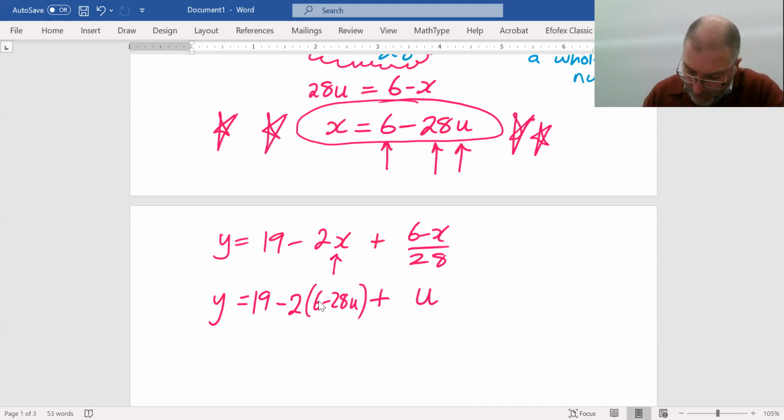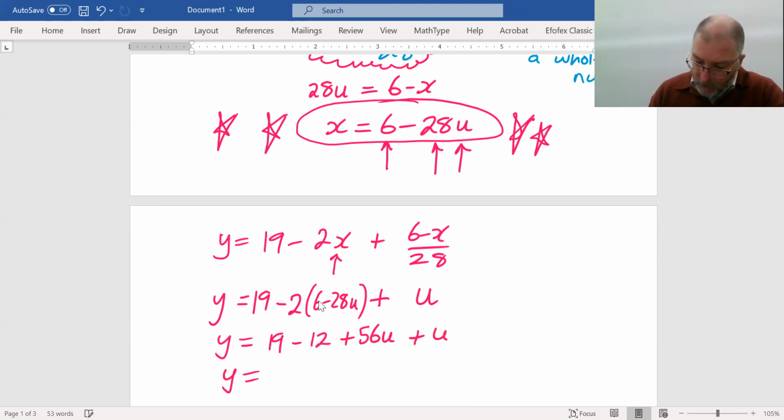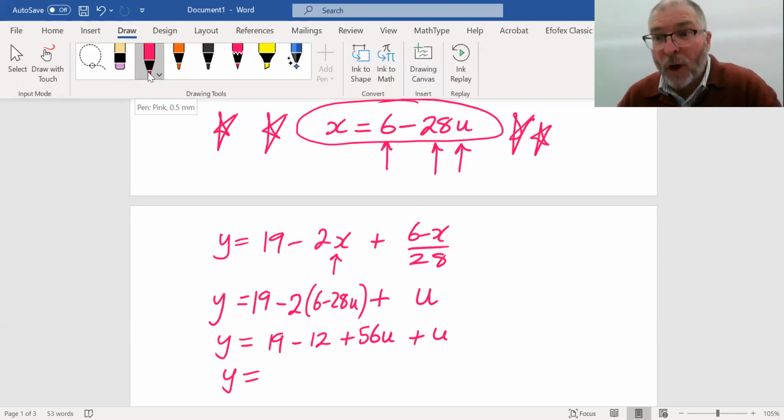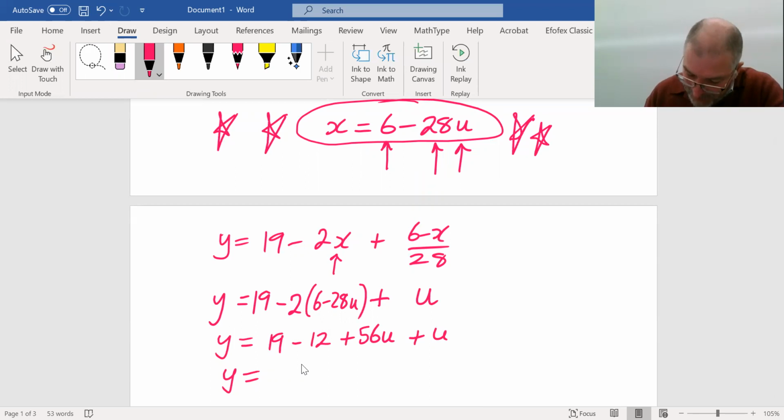All right, let me work out what that is. That's 19 minus 12 plus 56u plus u. I can work that out: 19 minus 12 is 7.